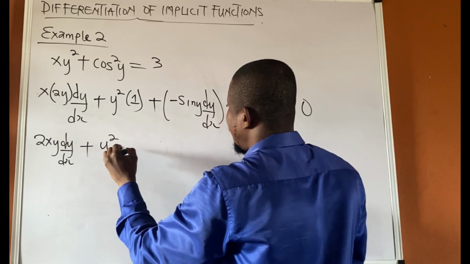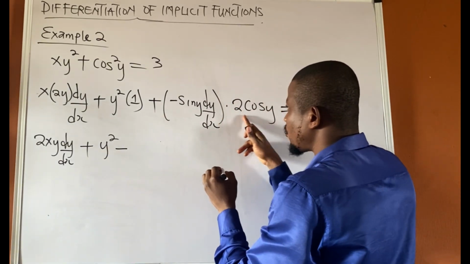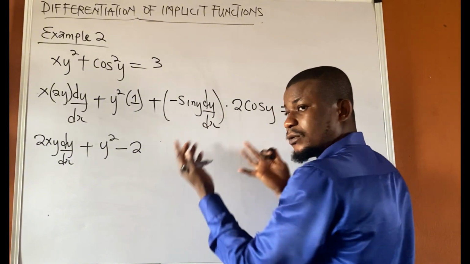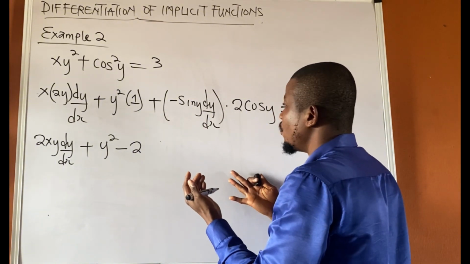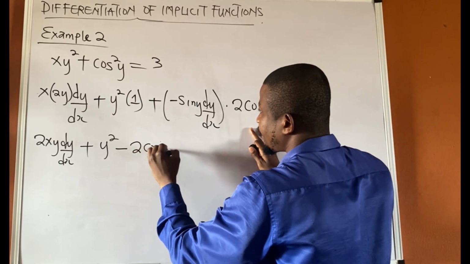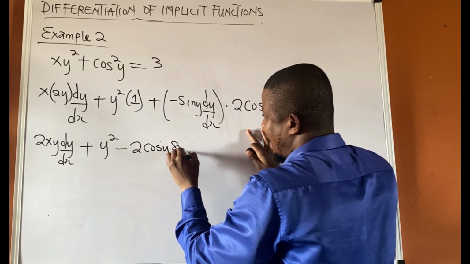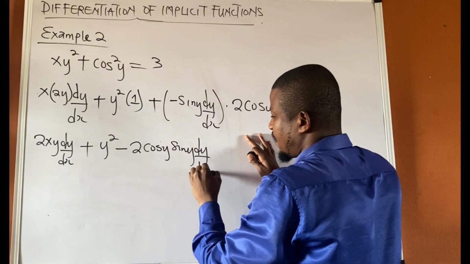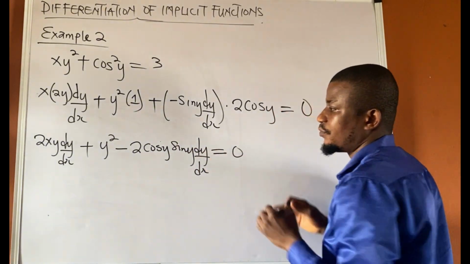Then multiplying this, you have a negative. I would prefer to bring this one first. I have 2, because of the commutative rule of multiplication, I can bring this one first. I have 2 cos y sine y dy/dx equal to 0.